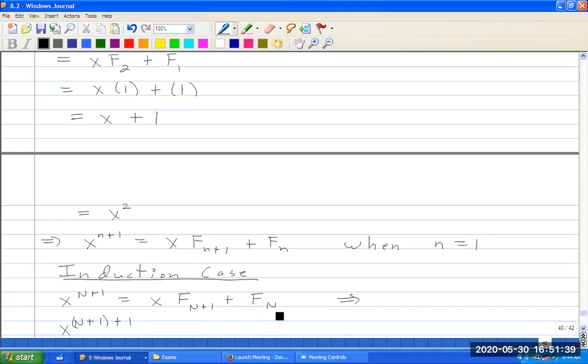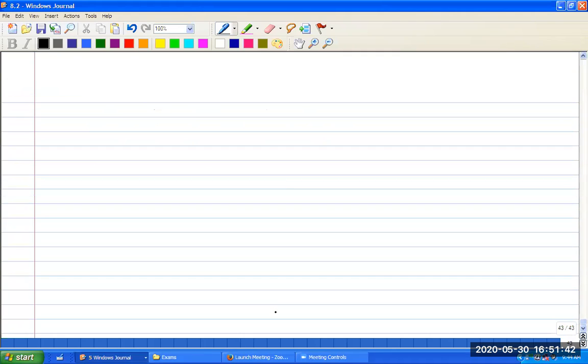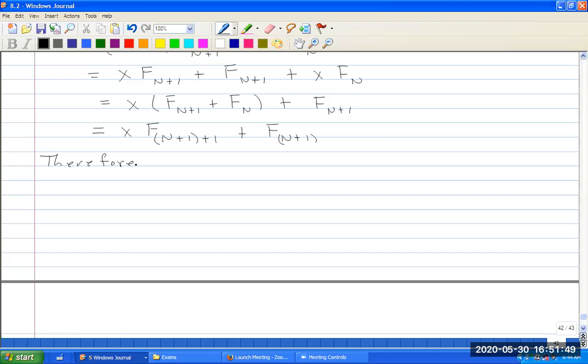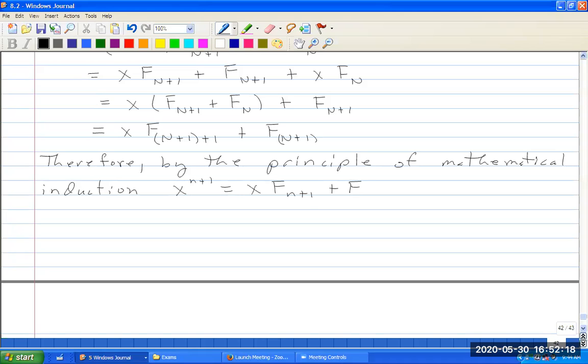Therefore, by the principle of mathematical induction, we have that x to the power n plus 1 is equal to x f sub n plus 1 plus f sub n for every x, for every n. And that's what I wanted to show.